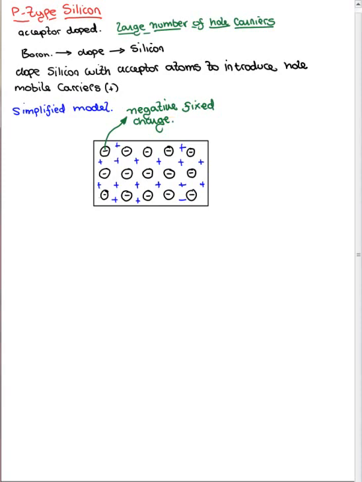But it does release some positively charged holes which are mobile into the doped silicon, right? So what that means is there is a large number, because the amount of acceptor atoms that you put into the silicon is usually pretty large.